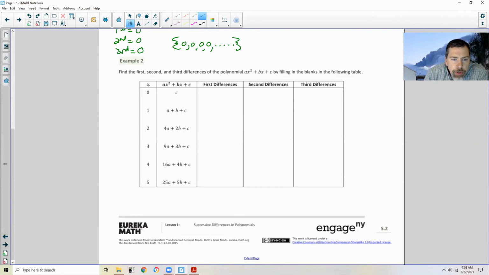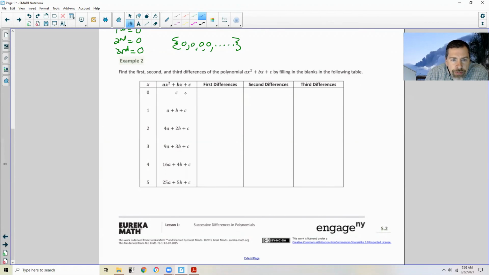If we substitute 0 in for x, we get a times 0 squared plus b times 0 plus c. Well, everything cancels except the constant c. And then when we substitute in a 1, we get a times 1 squared, which is a, plus b times 1, which is b. I think I said 1 here. A times 1 is a, not 1. So we get a plus b plus c.